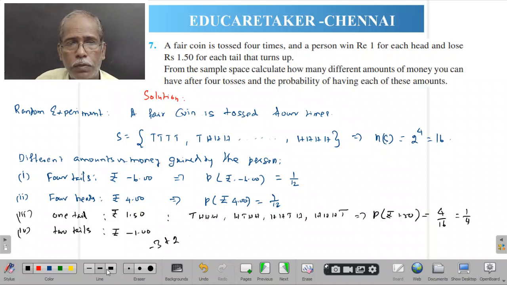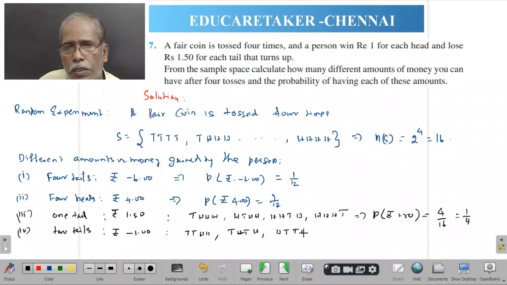Then what is the probability to get the amount minus 1 rupee? 2 tails and 2 heads means there are 6 possibilities: TTHH, then interchanging, HT and TH, HT is retained, then TH interchanged, 1, 2, 3, 4, then THHT.